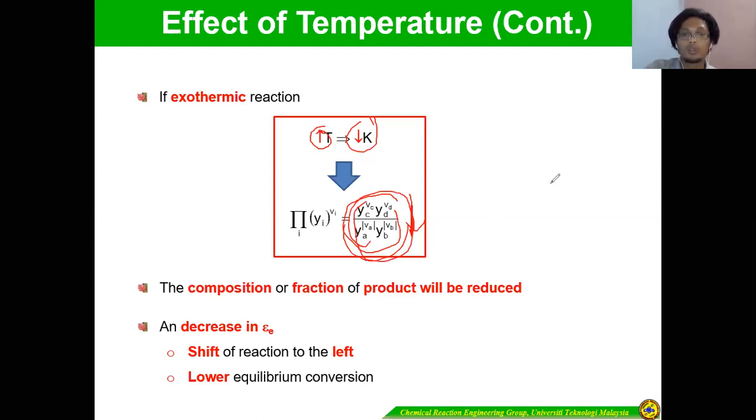So your reaction A to B is going to shift to the left, more to the reactants. So lower equilibrium constant. That's why it's reduced. This is for the exothermic reaction, different from the endothermic reaction. Of course, for the endothermic we have to increase the pressure.